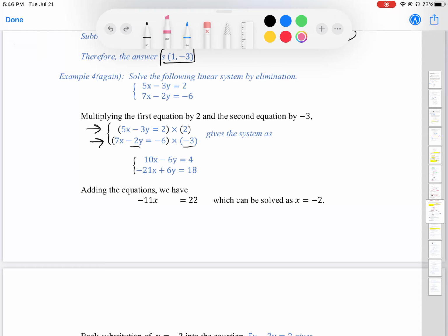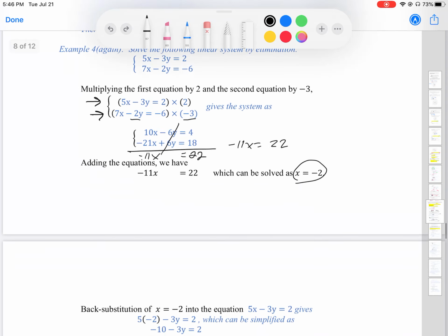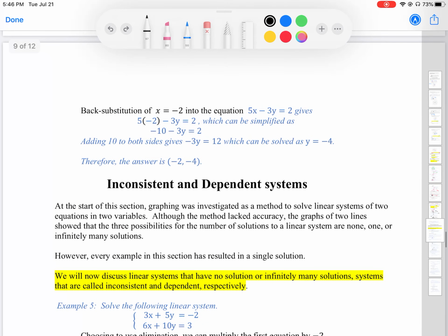All right, so if we add them, we get that 10 minus 21 is negative 11x. My sixes are gone, and we're left with 4 plus 18 is 22. So we're left with negative 11x is equal to 22. We get x is negative 2. All right, let's plug in -2 into either one of our equations.